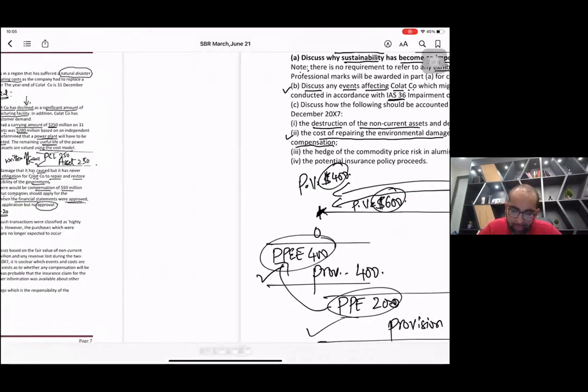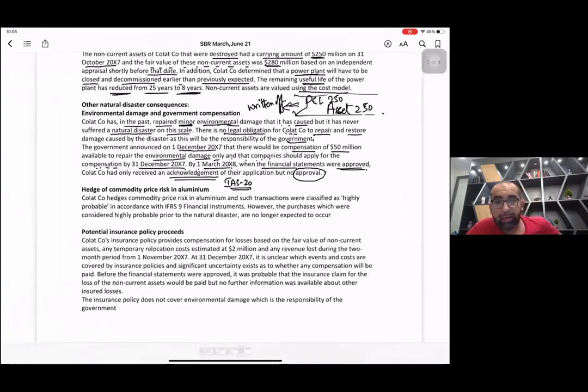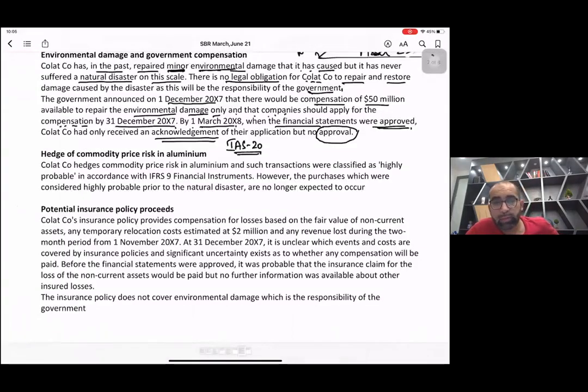Now, one of my favorite, and I always give lectures for this thing, hedging. Listen, this issue I have taught in my class. In my recordings, this issue is available. In my notes, this issue is available.